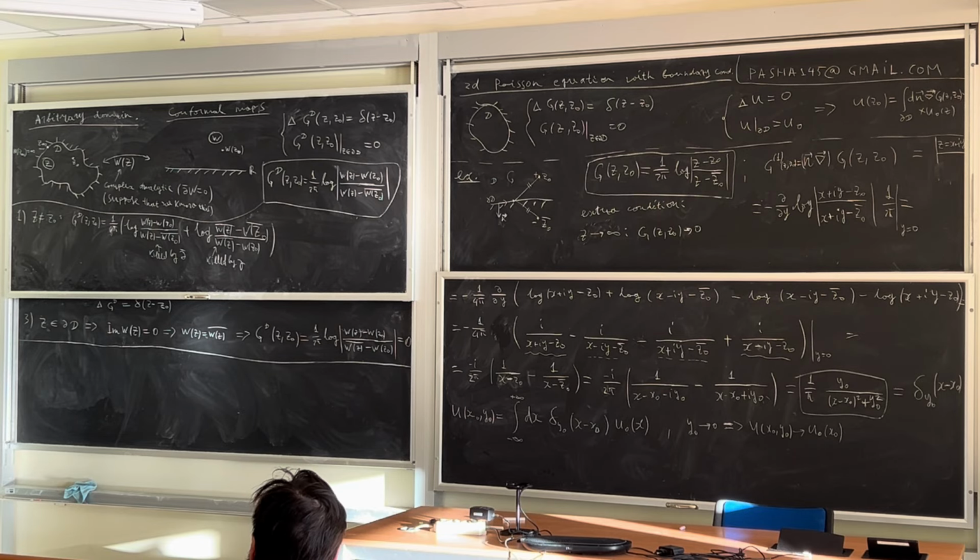The class of reasonable domains contains a lot of different things. For example, the exterior of the Mandelbrot set can also be mapped to the upper half plane. And of course, domains with cusps, with non-differentiable boundary, can also be mapped to the upper half plane. So we will see such examples.